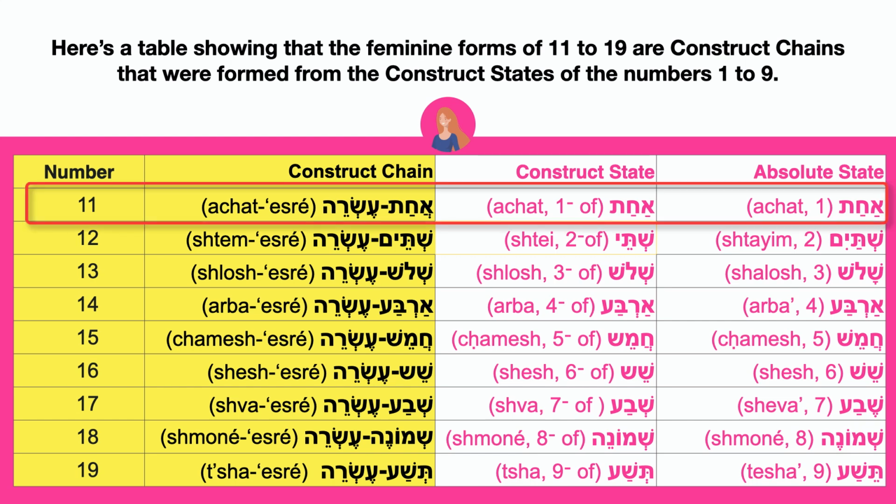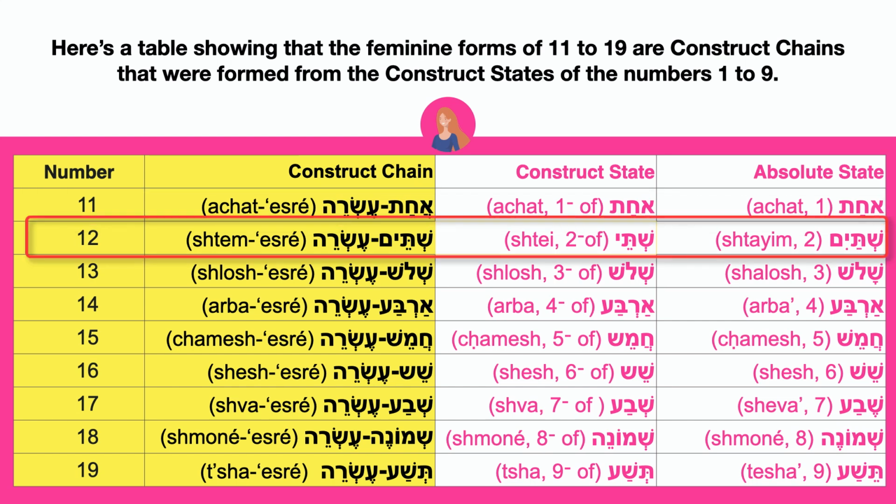That's achat, the construct state of the number 1 in its feminine form, added to the feminine form of 10, in this case esre. So achat, 1, plus esre, 10, that is 11.